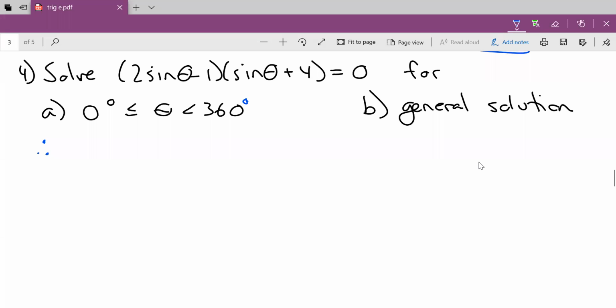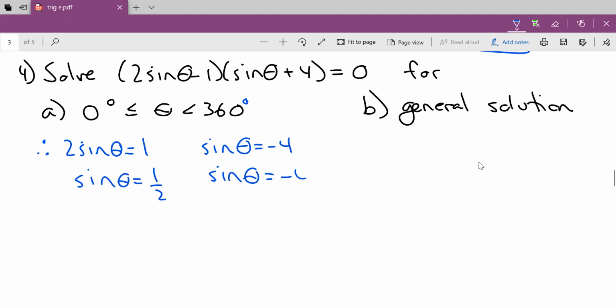So therefore, we've got 2 sine theta is equal to 1, or we've got sine theta is equal to -4. Keep solving. Sine theta is equal to 1/2. And I'll just rewrite this just so it's at the same level. Sine theta is equal to -4. Okay, so use my unit circle. What angle gives me a y value of 1/2? That's what that says.